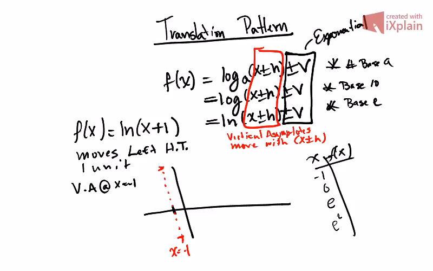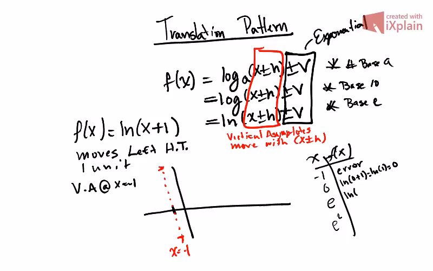If I plug in -1, I'm going to get an error. If I plug in 0, I get the natural log of 0 plus 1, which is the natural log of 1, and since e to the 0 power is 1, that's 0.